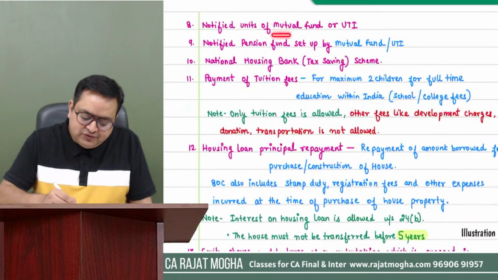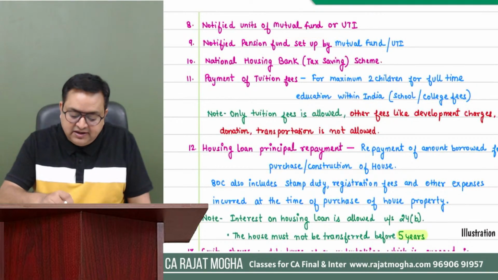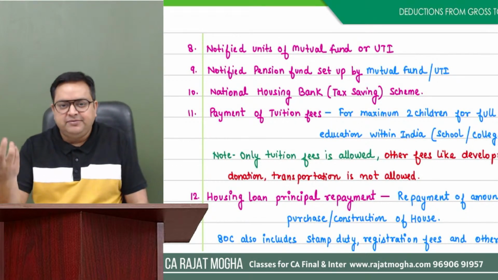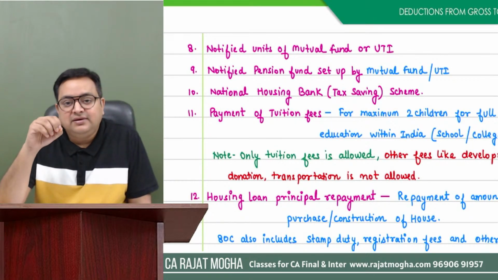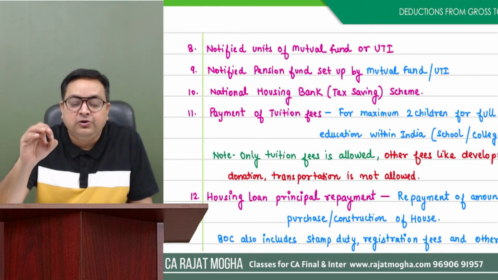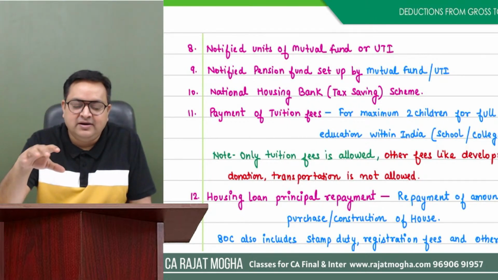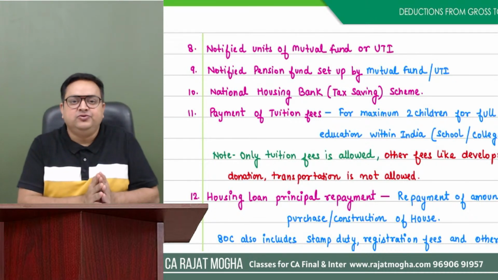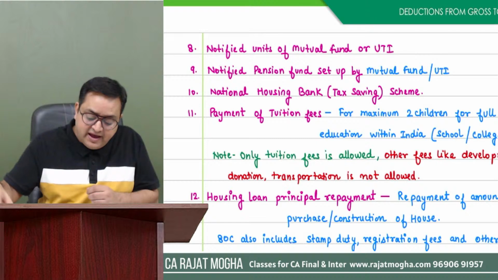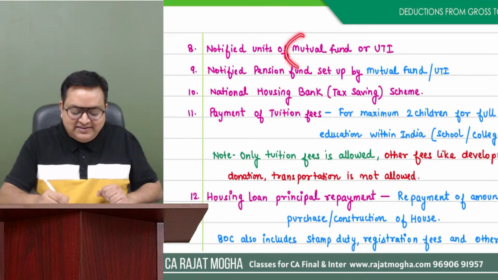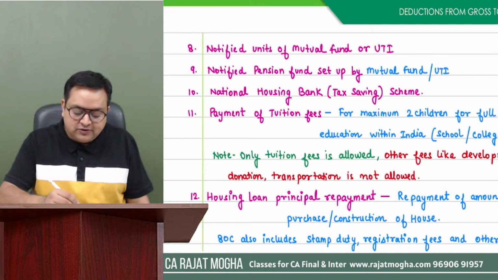Notified units of mutual funds. There are certain mutual funds. Can you purchase mutual fund units? Yes, we can purchase mutual fund units. But whether it is eligible, no, not any mutual fund. These are mutual funds related to tax saver mutual funds, and they have a lock-in period also, this is just for your knowledge, of 3 years.